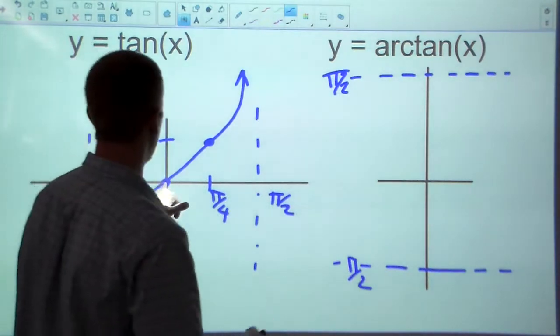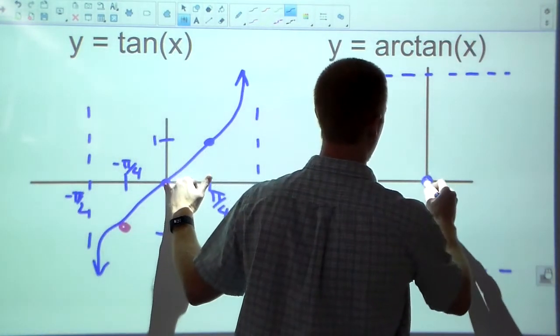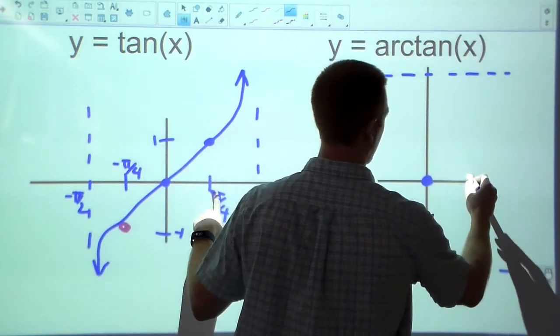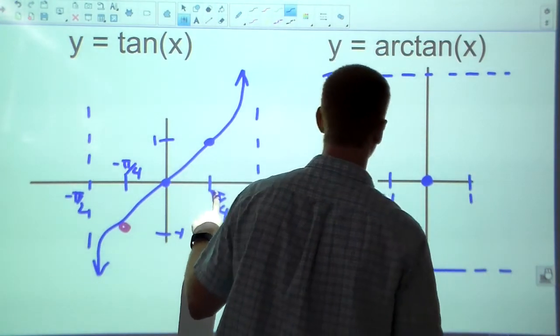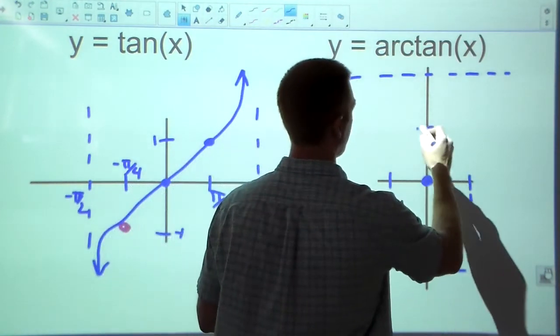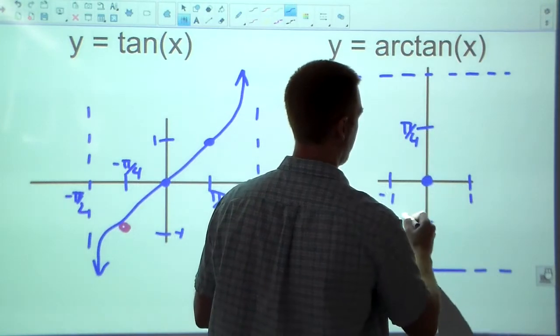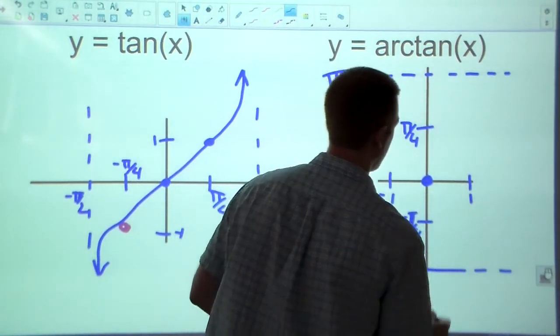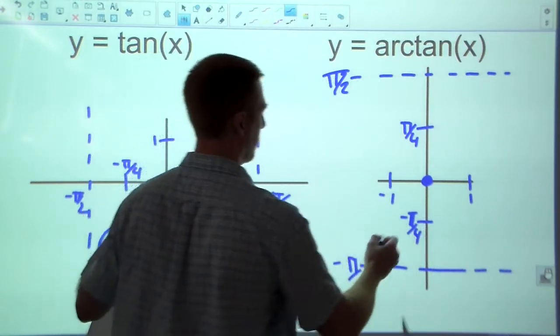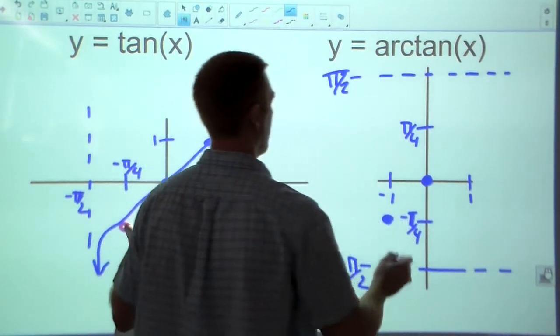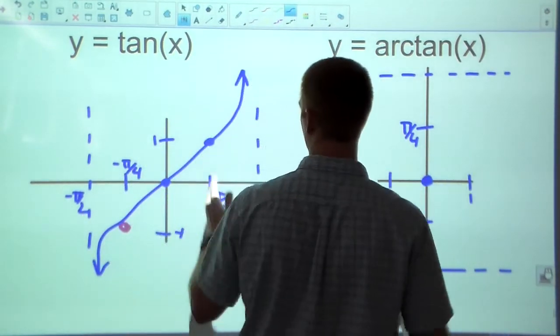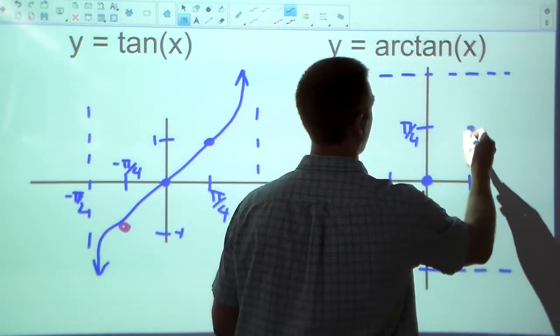And let's just move a couple points. So 0, 0 will be on that. We're at 1 and negative 1 at pi over 4 and negative pi over 4. So negative pi over 4, negative 1. And on the inverse part, 1, pi over 4.